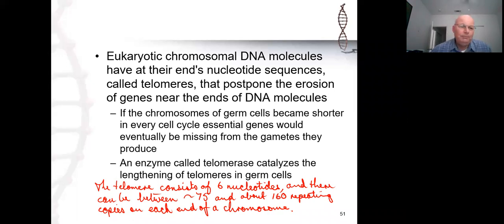The exact correlation between length of telomeres and age is still very much poorly understood. There have been some people that have tried to create a direct correlation between lengths of telomeres and chronological age.